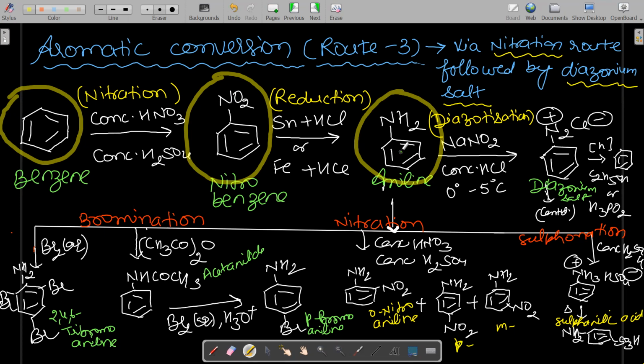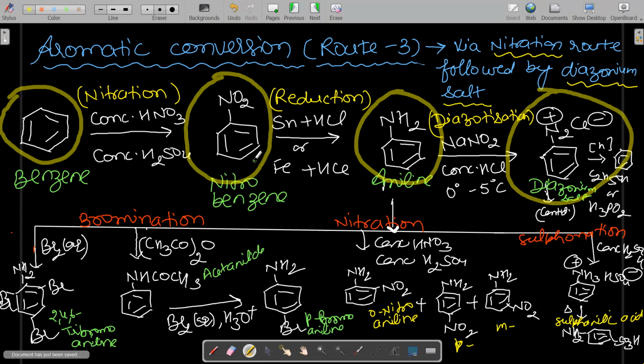If suppose in the exam it comes, convert nitrobenzene to diazonium salt. Remember, whenever we are using diazonium salt, it is always obtained from aniline. So we have to move back. Suppose diazonium salt is coming, it means before diazonium salt the compound should be aniline, and before aniline the compound should be nitro, right?